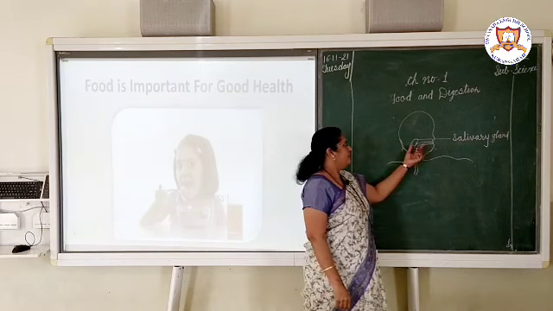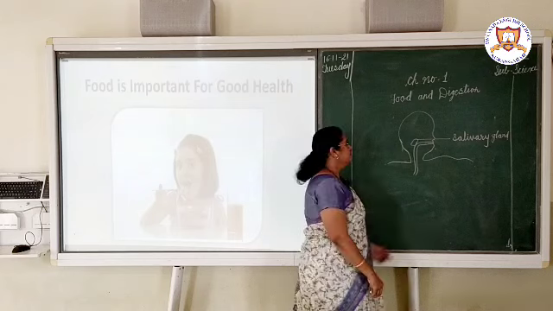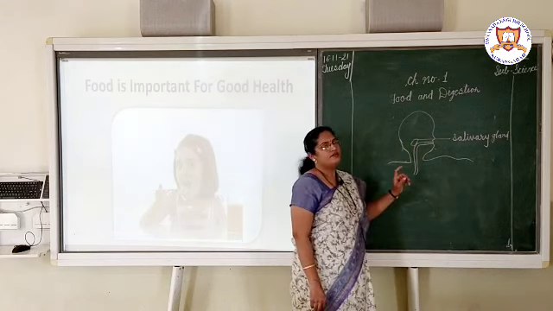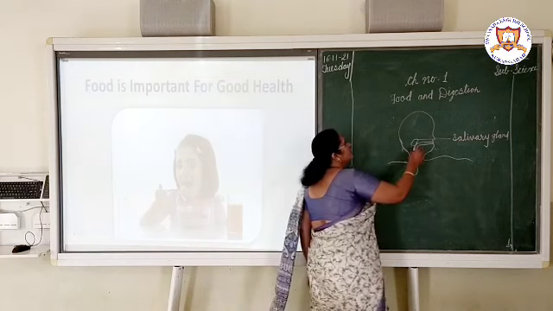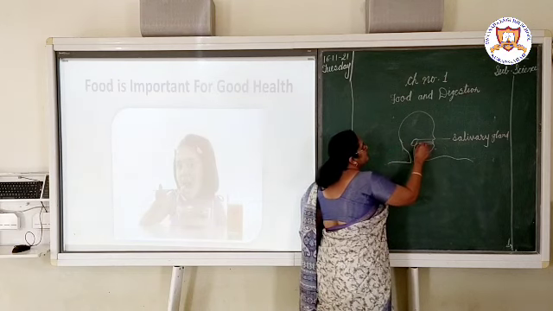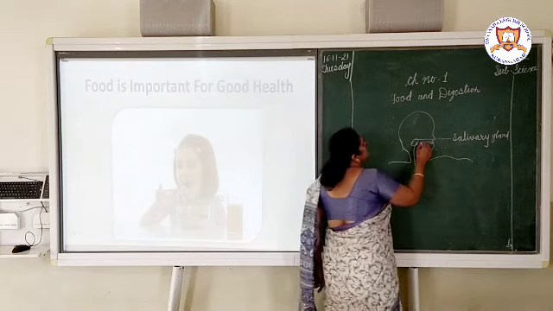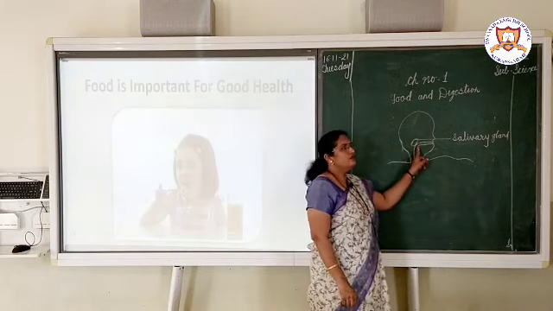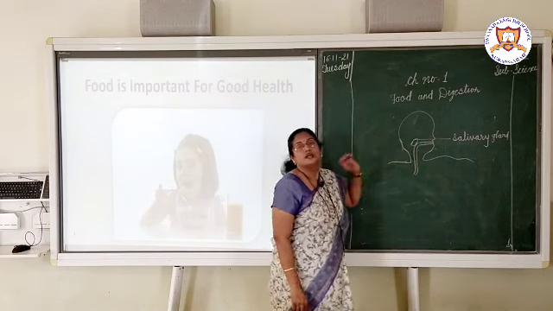When we eat food and chew it, the salivary glands secrete saliva. Saliva is the digestive liquid secreted by the salivary glands, and it mixes with the food. The starch present in food mixes with the saliva.